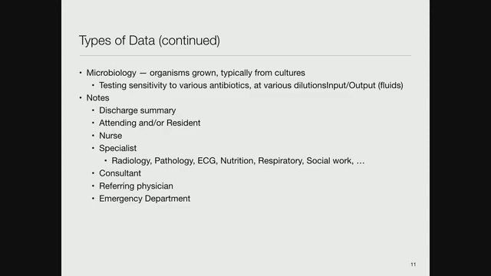And so you'll see things like reports of sensitivity testing at various dilutions. In other words, they try to give a strong dose of an antibiotic, a weaker dose, a weaker dose, a weaker dose, a weaker dose, to see which is the minimum level of dosing that's enough to kill the bacteria.